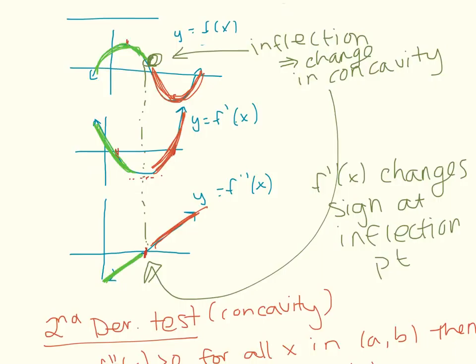When I then realized that at this point, where my inflection happens, my change in concavity happens, becomes the minimum value of this curve. So then if I were to graph the derivative of this, I'd see, okay, well, I'm negative here, I'm decreasing, so my slope is negative here, which means I'm in a negative situation here.